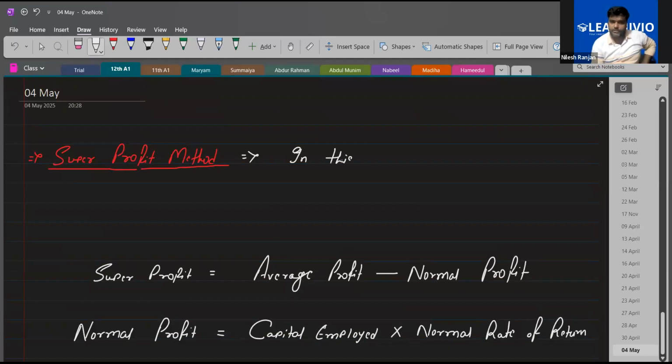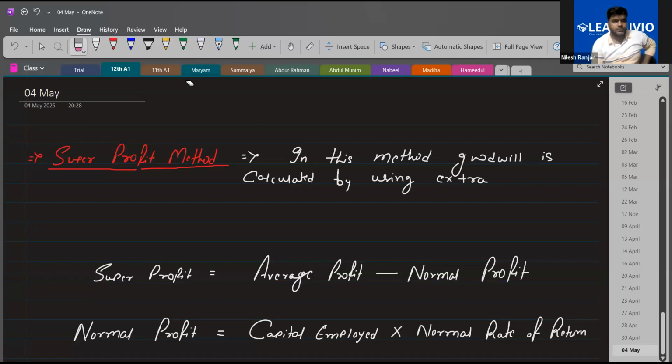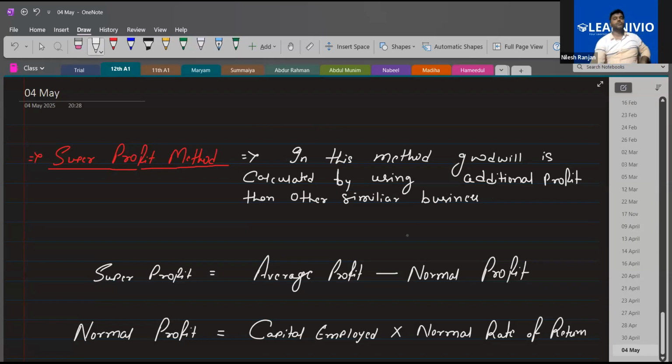In this method, goodwill is calculated using additional profit over other similar businesses.